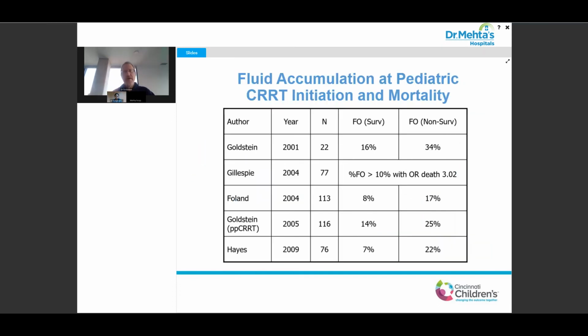Well, a number of other single-center studies and a multi-center study from the Prospective Pediatric CRT Registry group have demonstrated that in every study, patients who died were significantly more fluid overloaded than patients who survived. And the numbers you see here are pretty similar across the studies.